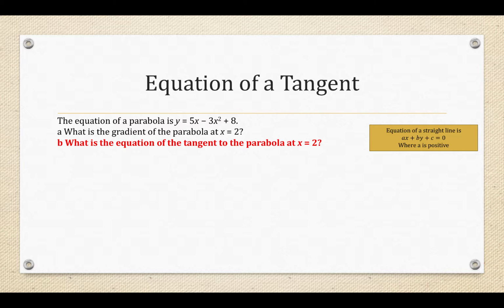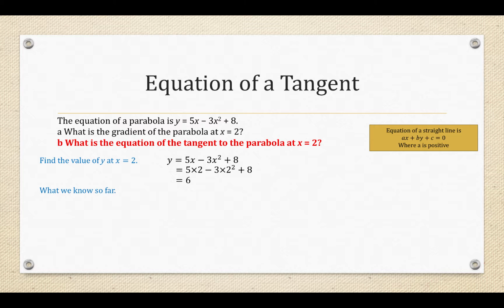So we need to establish a second piece of information so that we can find the equation for the straight line. So I'm going to find the value of y at x equals 2. I'm going to take my function of y equals 5x minus 3x squared plus 8, and substitute in the value 2, which will give me y equals 6.